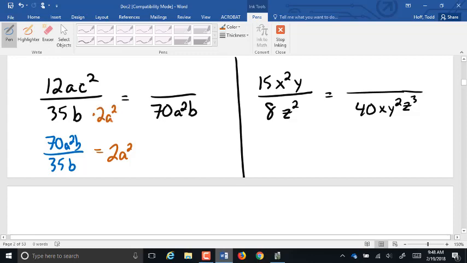Very good. So we're multiplying by 2a squared. So on top, if we multiply by 2a squared, 12 times 2 is 24. We get a to the third and c squared. Nothing changes the c.